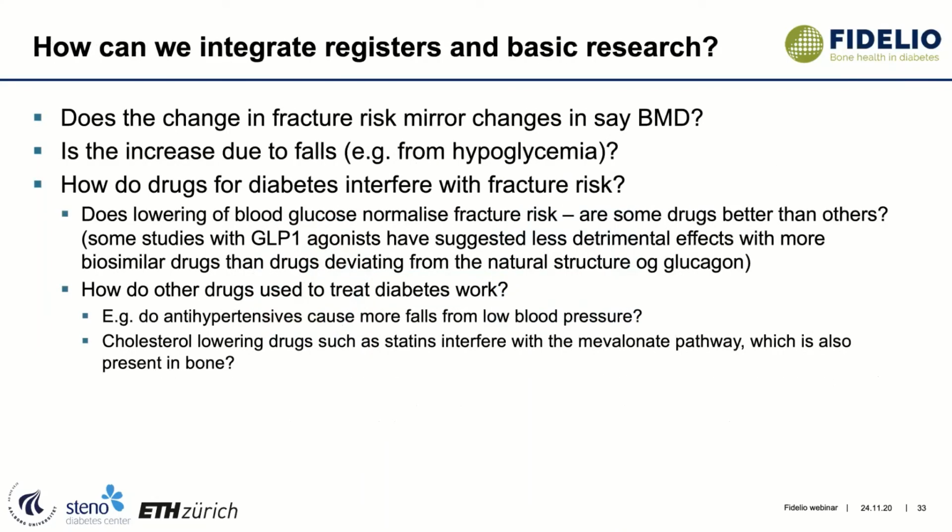So, going a little bit back, now I've gone down the ladder into how the bone is organized. We could ask the question, is it mirrored in BMD? No, not completely. If we take the DEXA scans, which we can also get from the registers, could it have something to do with the competence of the bone?